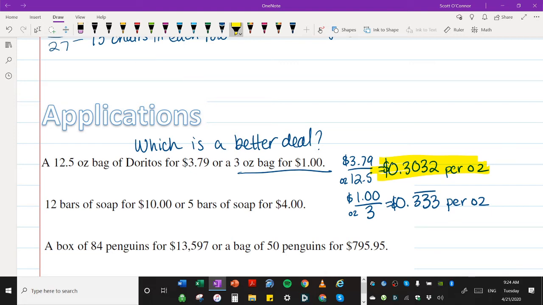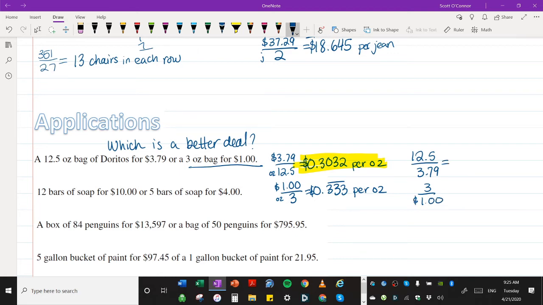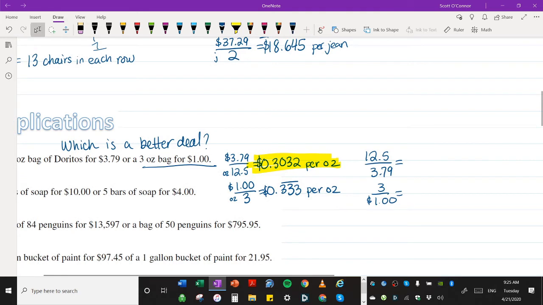Now the other way you could do this is if you switch and you do 12.5 divided by 3.79 and 3 divided by 1, as in $1. But if you do this, now your answer has a different meaning, and this is important for us to explore.